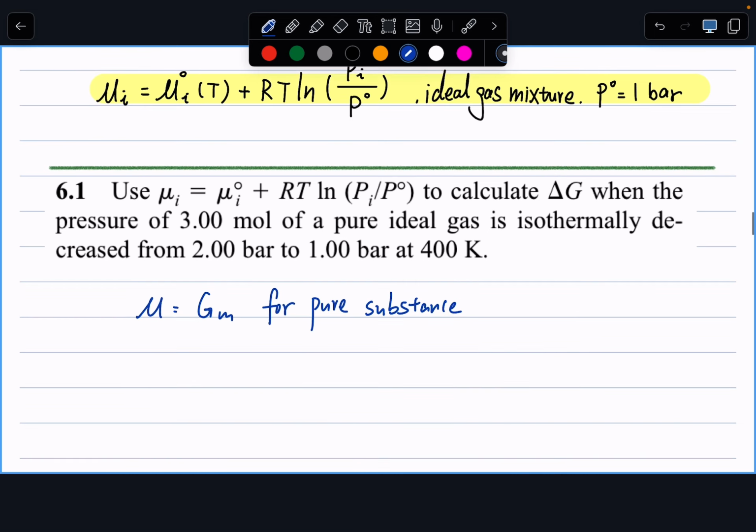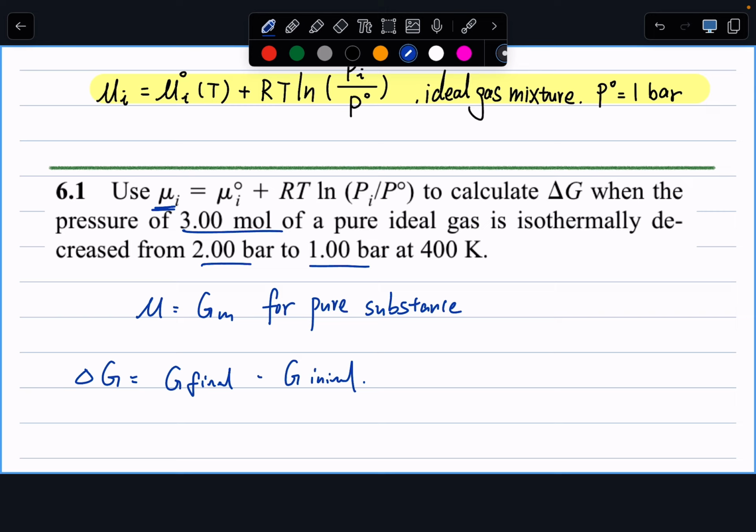In this case, we're asking for delta G, which equals G final minus G initial. In here, we have an expression for the chemical potential. We have our P final, our P initial, and our number of moles. So just plug in the numbers and solve for the answer.